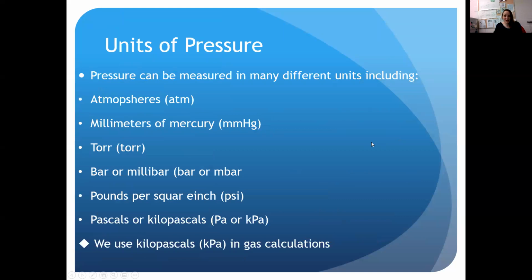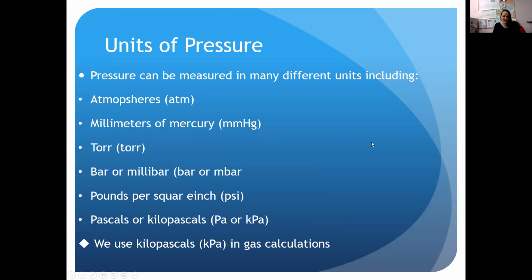Pressure can be measured in a bunch of different units. Atmospheres, or ATM, is usually used to measure atmospheric pressure. Millimeters of mercury is used sometimes. That's the mmHg. Torr is less common, so is bar and millibar. Pounds per square inch, you've probably heard of before, PSI.